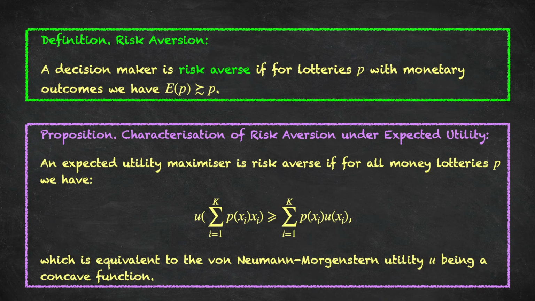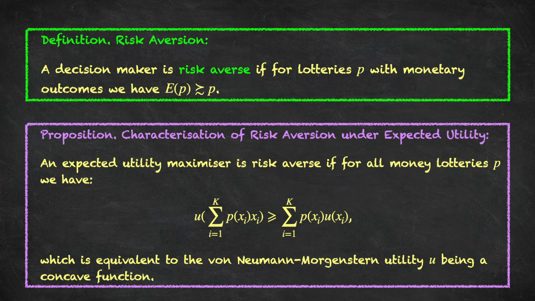So let's sum up our analysis of risk attitudes. A decision maker is said to be risk averse if for any lottery P with monetary outcomes, we have that the expected value of that lottery received with certainty, so a certain amount of money with the same expected value as the lottery, is always preferred to receiving the risky lottery itself.